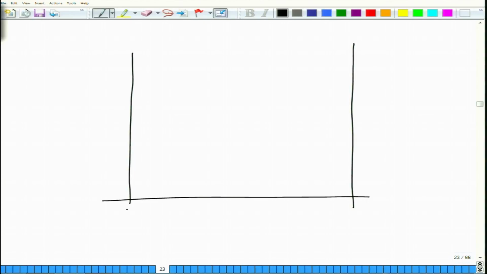So this is A, this is B. I draw two vertical lines. Let us first draw A B, the activity of B. Now, activity is the same as chemical potential.